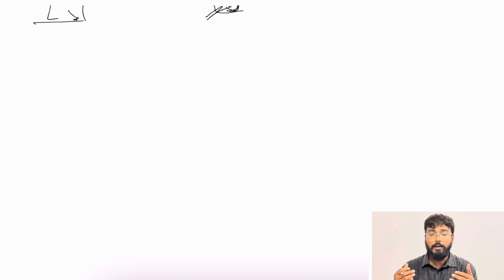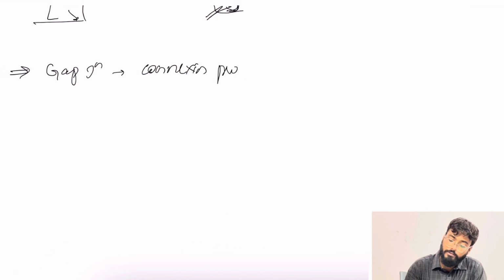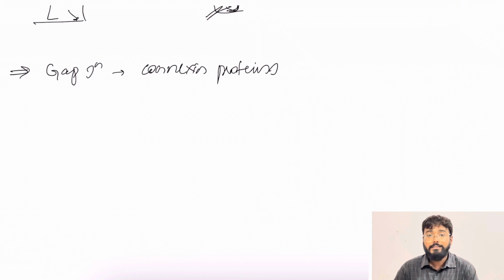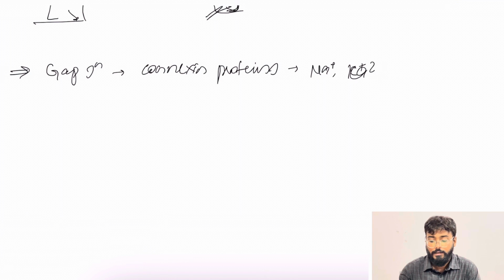These gap junctions are made of a protein known as connexin proteins. These connexin proteins allow movement of ions from one cardiomyocyte to the adjacent cardiomyocyte, and they allow movement of sodium ions, calcium ions, and potassium ions.